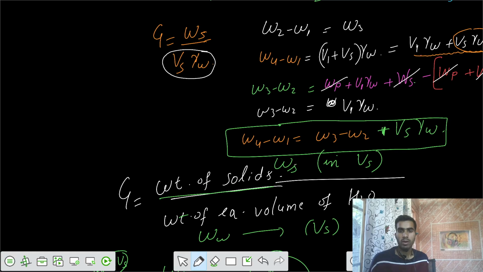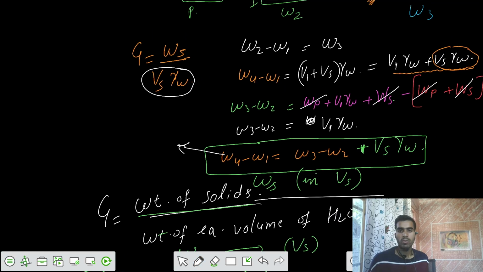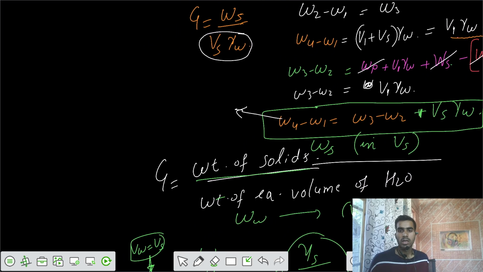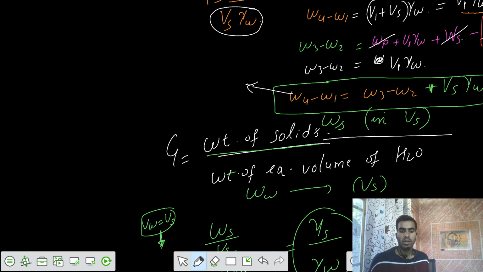Can you get this value from this one? Because we are measuring only W1, W2, W3, W4, we need to remove this part. So your G value becomes the weight of solids divided by Vs gamma W, that is W4 minus W1 minus W3 minus W2.